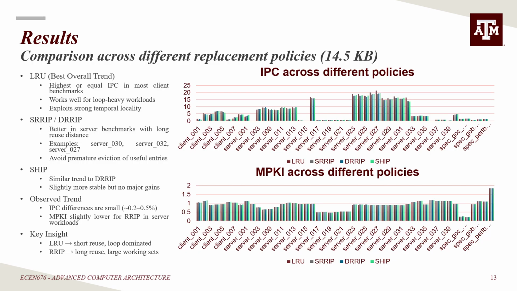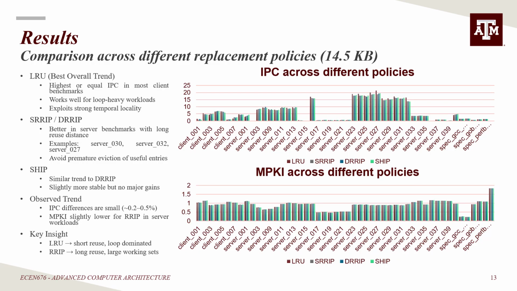However, in some server workloads like Server 30, Server 32, and Server 27, we see that SRRIP and DRRIP perform slightly better. These workloads have longer reuse distances, meaning branches are not reused immediately. In such cases, LRU may evict useful entries too early, while RRIP-based policies retain them using reuse prediction.